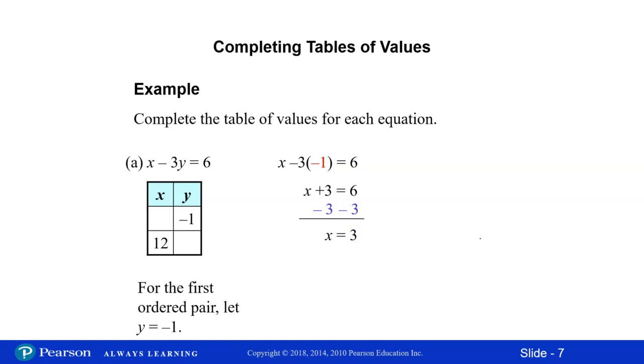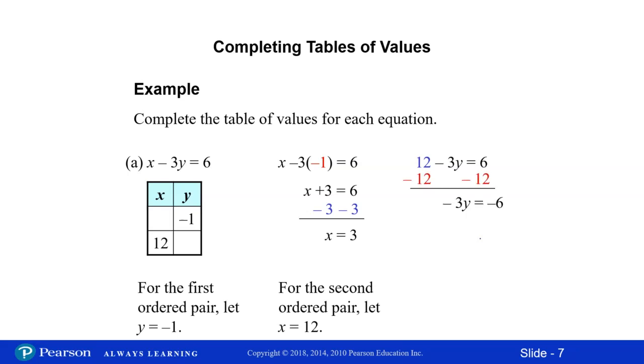x equals 3. So for the second ordered pair, now let's put x equals 12 and figure out the y. So 12 - 3y = 6. Subtract the 12 from both sides. That will give us -3y = -6. Divide both sides by -3.